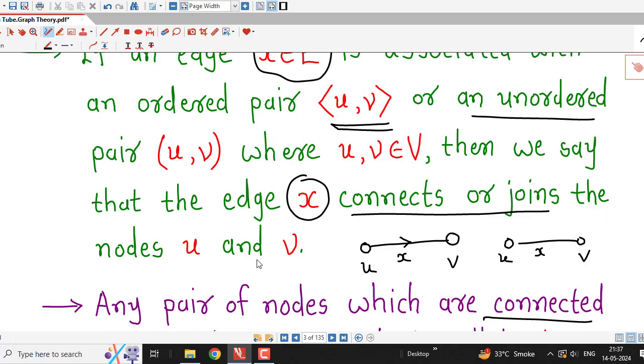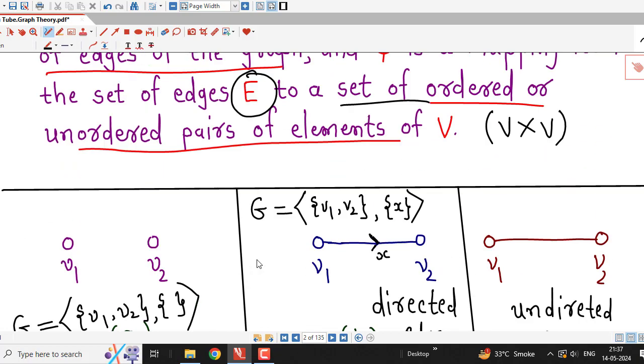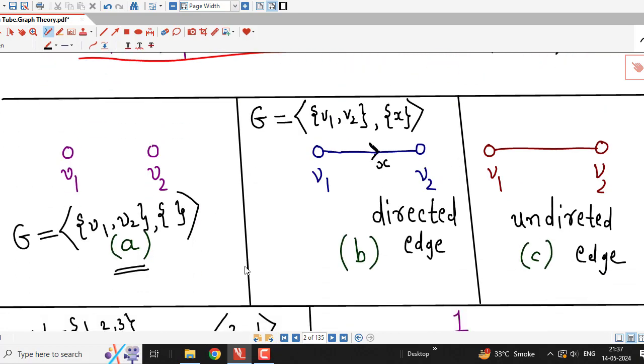So here we can decide which graphs are directed and undirected. For the graph in this part, there is no edge joining V1 and V2. There are only two vertices and we don't have any edge connecting V1 and V2. So we can consider this as a directed graph as well as an undirected graph.